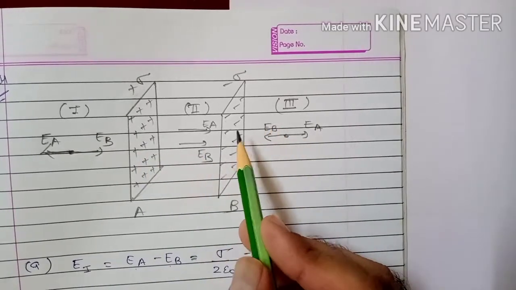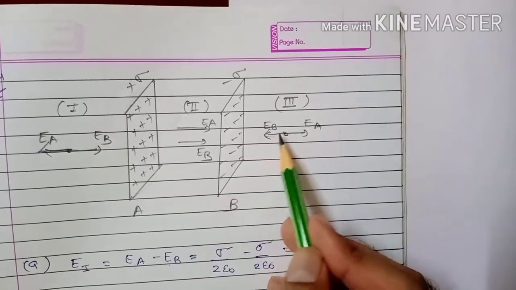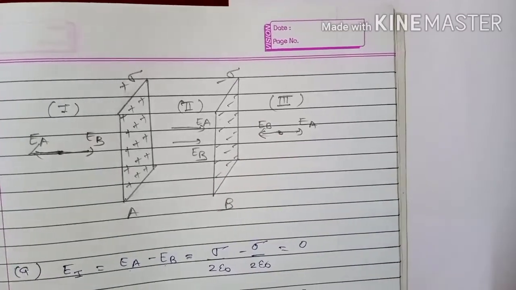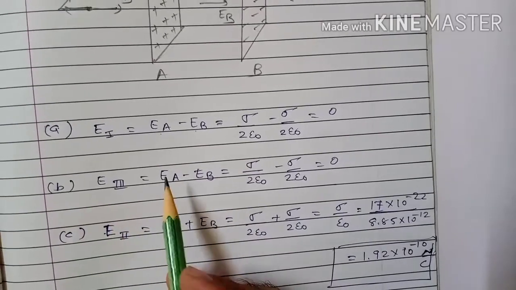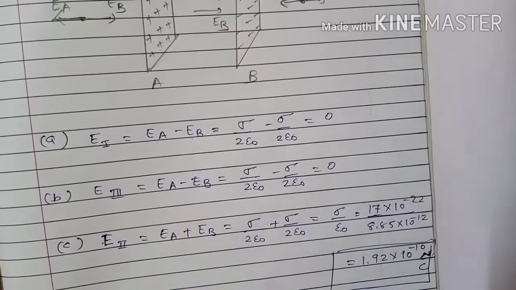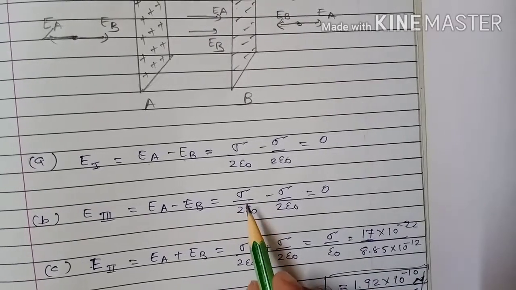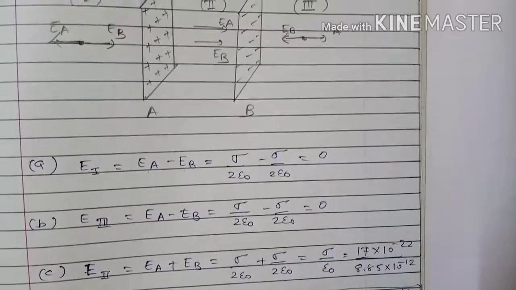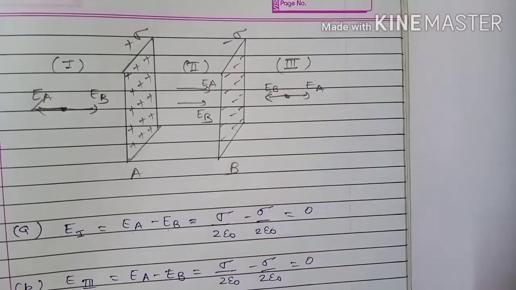Electric field due to plate B will be in this direction, towards the negative charge. Here also both the electric fields are in opposite direction. Therefore, electric field in third region is EA minus EB, sigma upon 2 epsilon naught minus sigma upon 2 epsilon naught, which is equal to 0. So electric field in the outer region of second plate will also be 0.